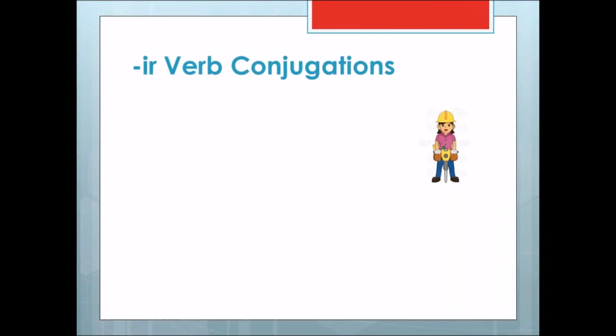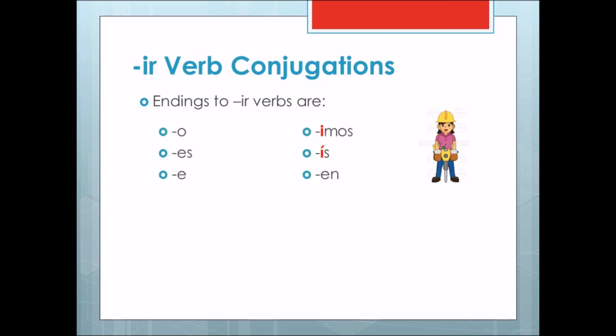The IR verbs are a little different, but they very much mirror the ER verbs. In the singular, it's identical, o, es, e. In the plural, though, instead of emos, with the IR verbs, it's imos. Y'all, vosotros, is ís. And then N for ellos, or they, is the same.